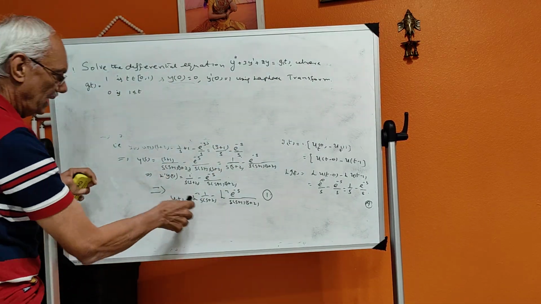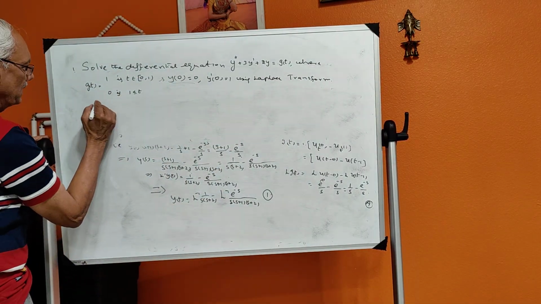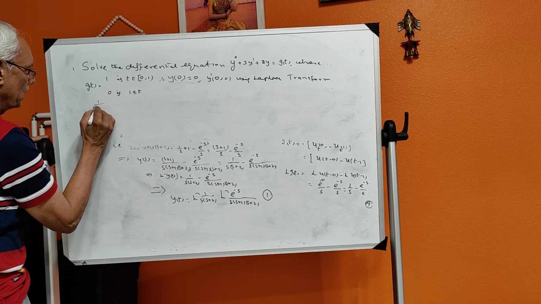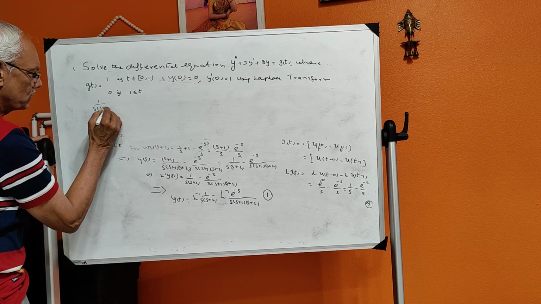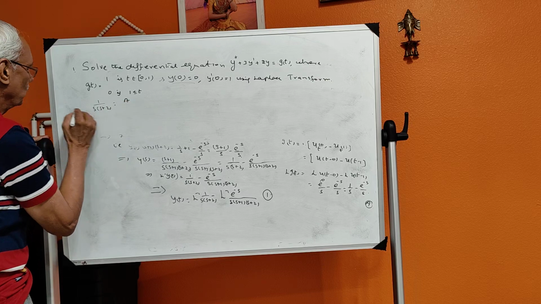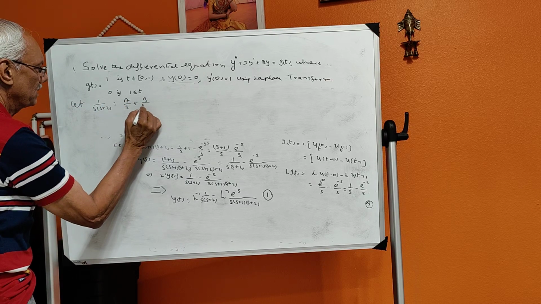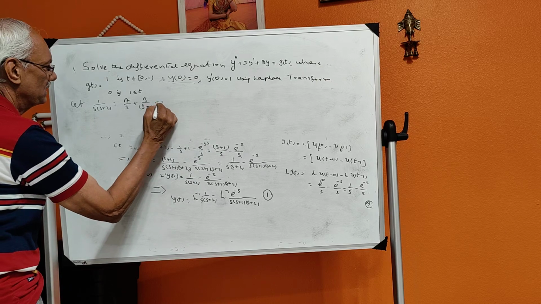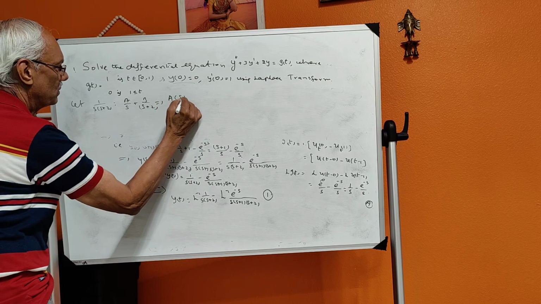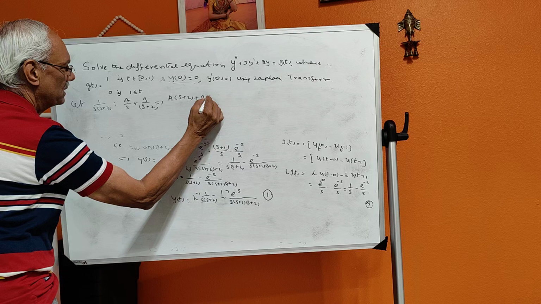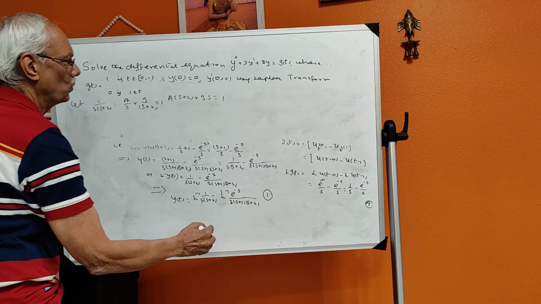See, I will take this. 1 by s into s plus 2 will be equal to, let a by s plus b by s plus 2. This implies a into s plus 2 plus b into s is equal to 1.